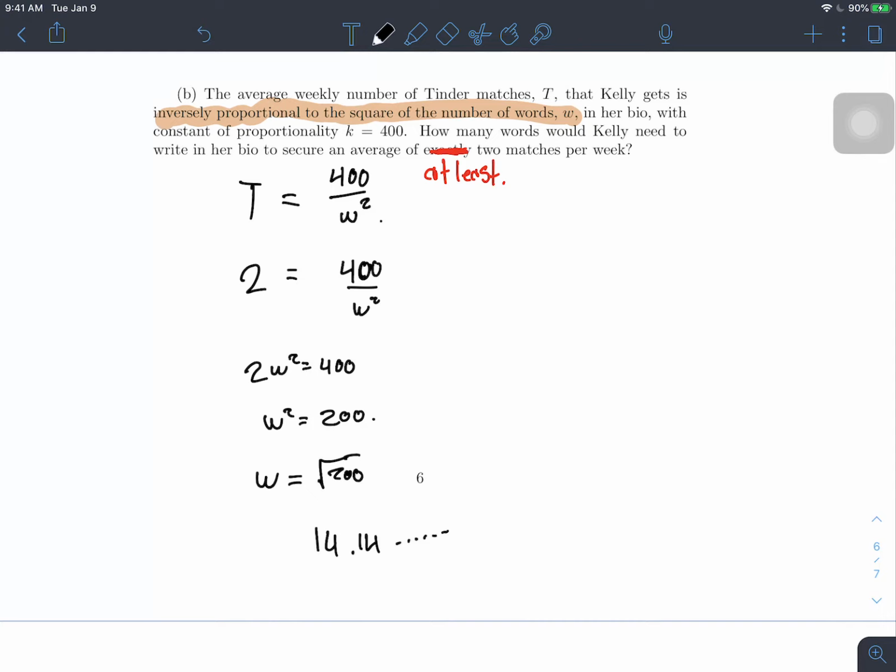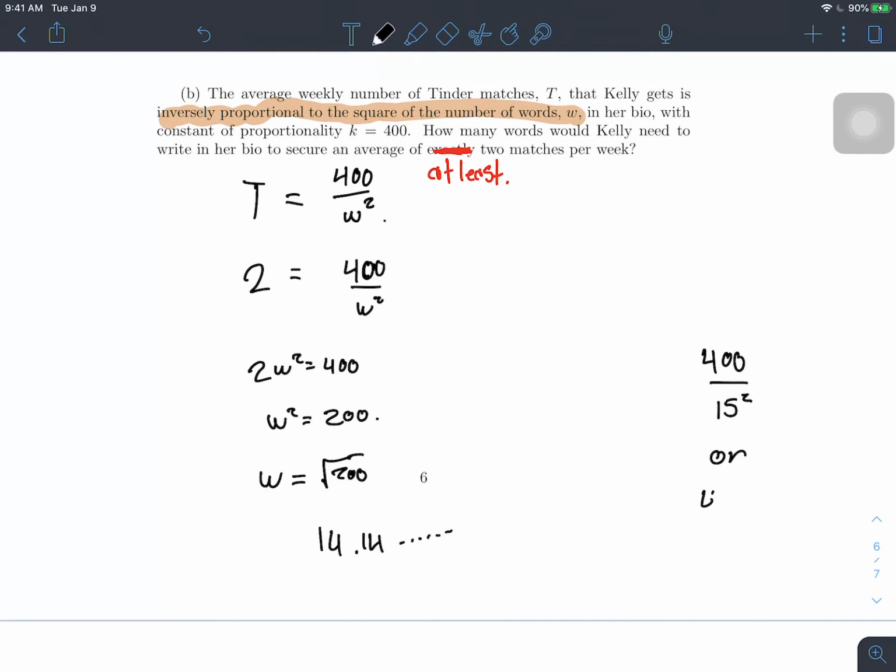Now the trick is, if I take 400 over 15 squared, should I do this or 400 over 14 squared? And it's not going to be what you may be used to seeing. Typically, we just cut off the decimal and increase by 1 and say, call it 15.